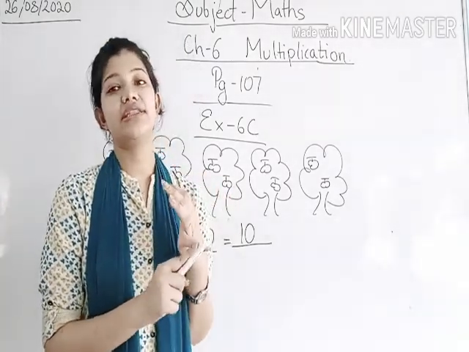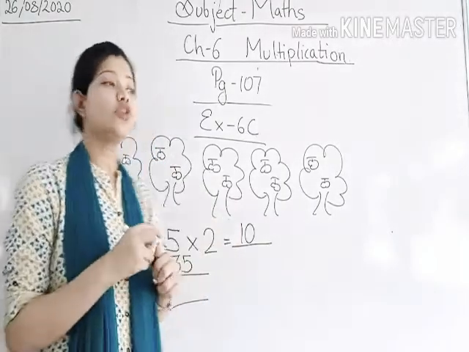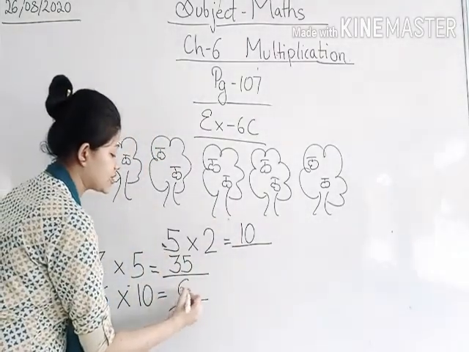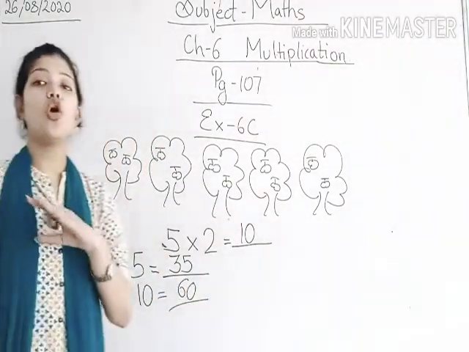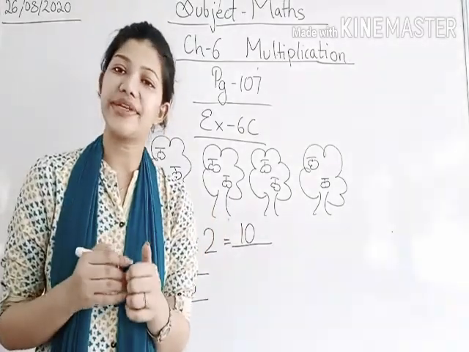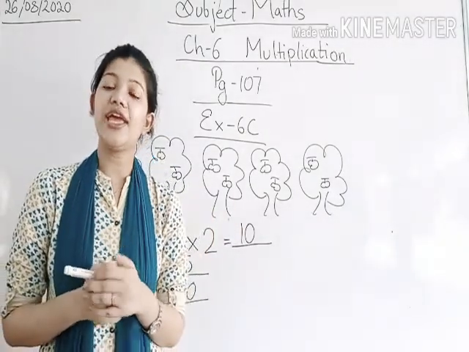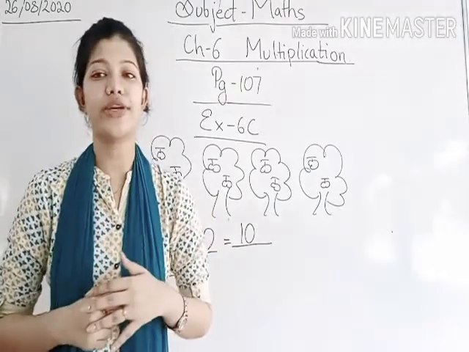And 6 tens are 60. So it means there are 60 crayons in all these 10 boxes.